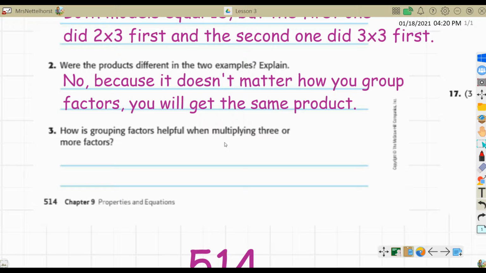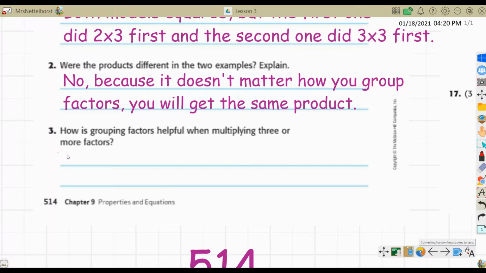I personally like to multiply my little numbers first, so I have 2 decent sized numbers instead of having one giant one and a small one. So it depends on how you like to group them, but it doesn't matter how you do it as long as you multiply correctly.